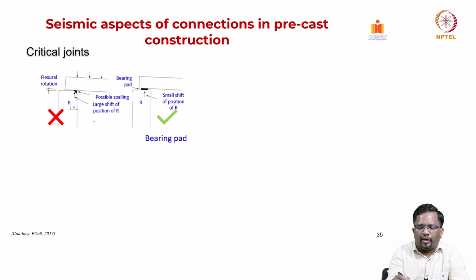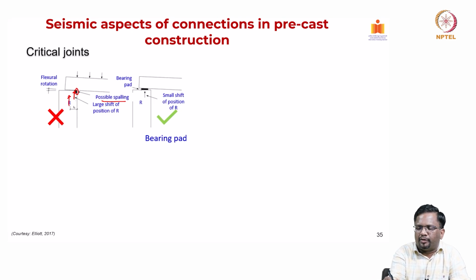What can happen is there is a possibility that your reaction, if it is right at the center, has to be here. Now, if the slab is moving for some reason, your reaction point will shift like this, then you will have localized crushing of the concrete on the column element. So, directly resting the precast element on this type of column is not advisable.